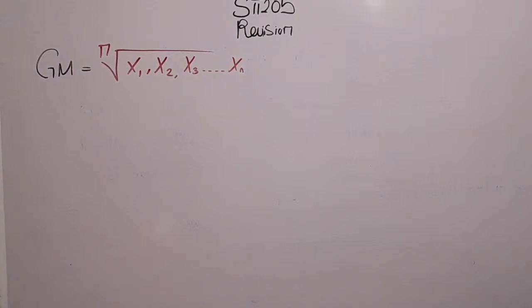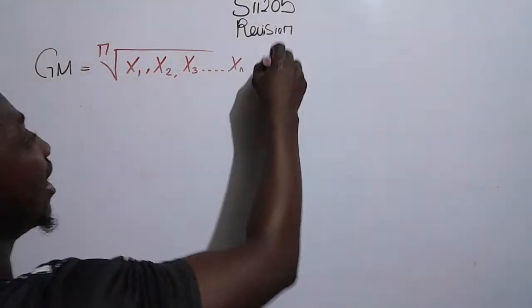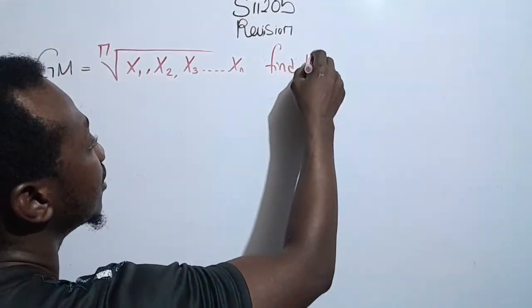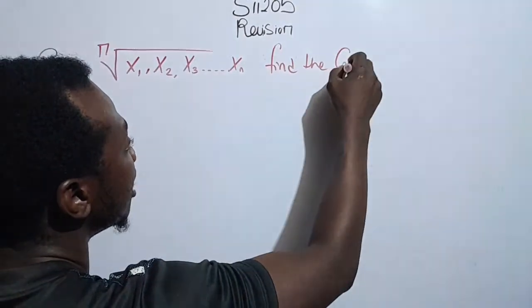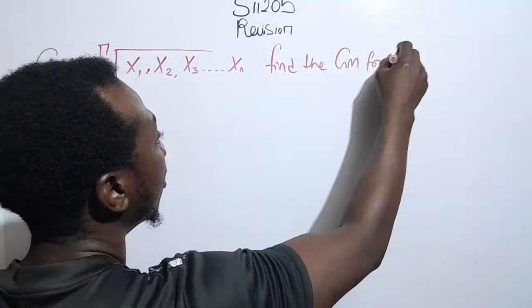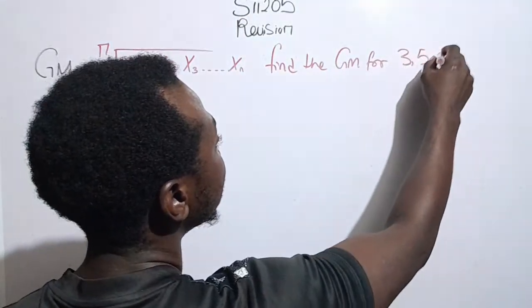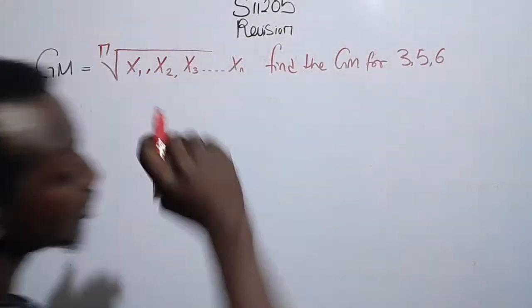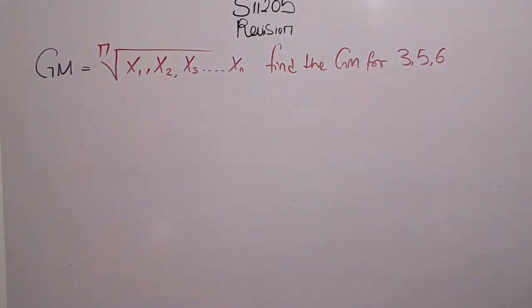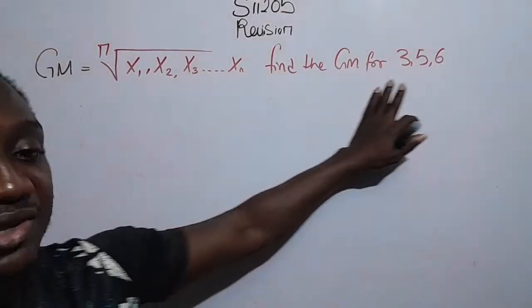Now, let's say, for example, we are instructed to find the GM for 3, 5, 6. Simple and precise. What is the n of this data?